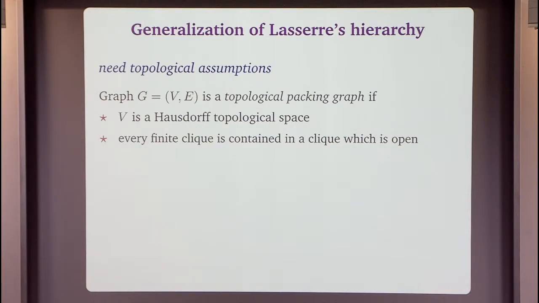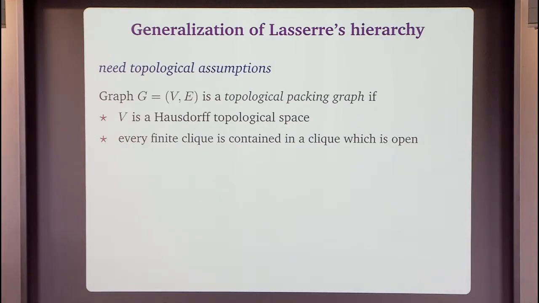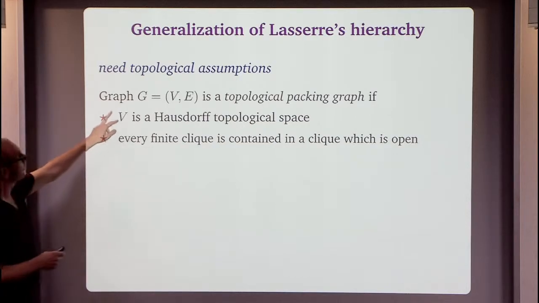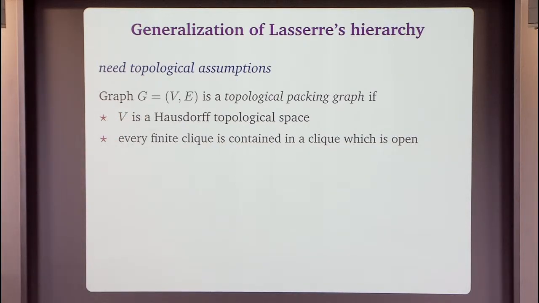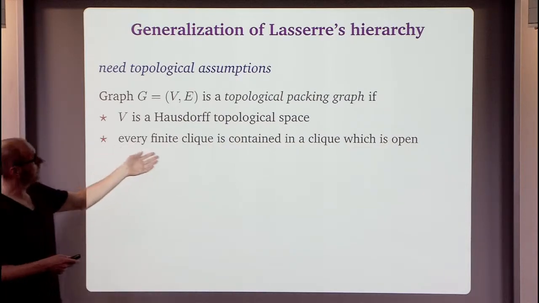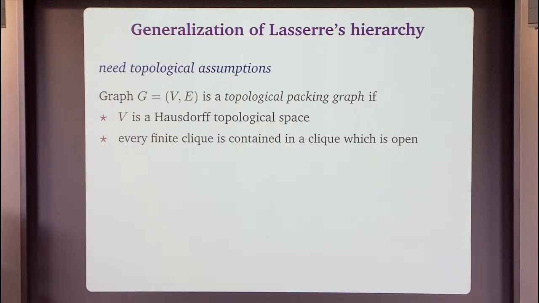They all come from some topological group, and there's a natural topology on the vertex sets. The only thing I want from the vertex set is that it's a Hausdorff topological space. And then I want to connect the topology on V to the adjacency relation in G. The way I do this is I say that every finite clique in the graph is contained in a clique which is an open set in the topology.